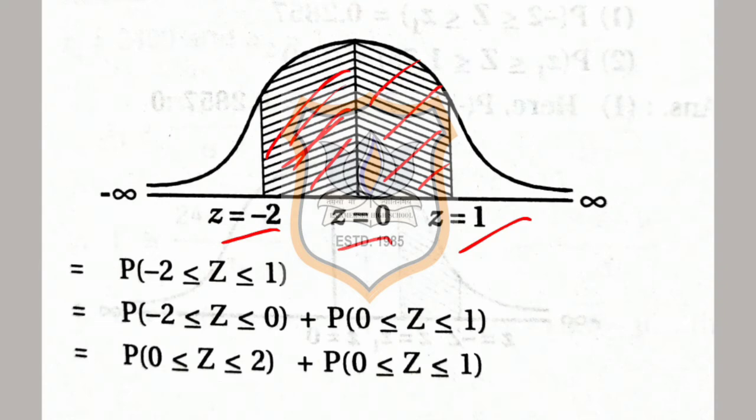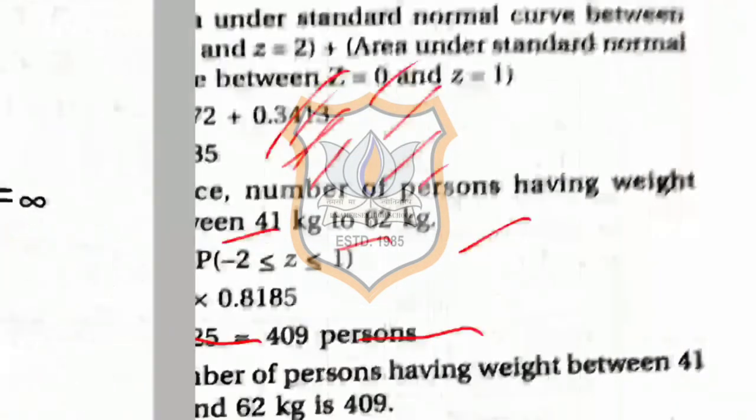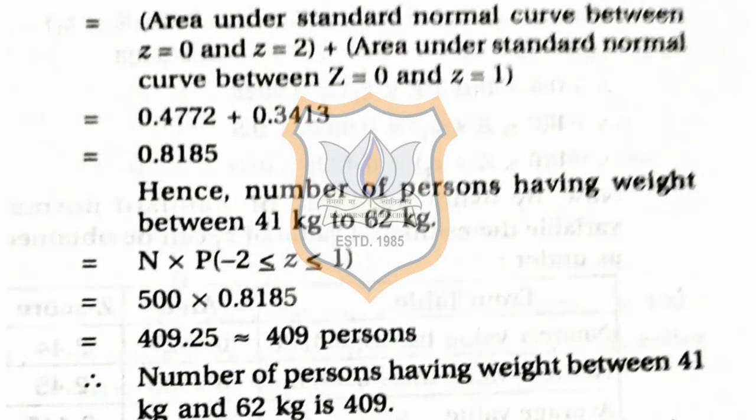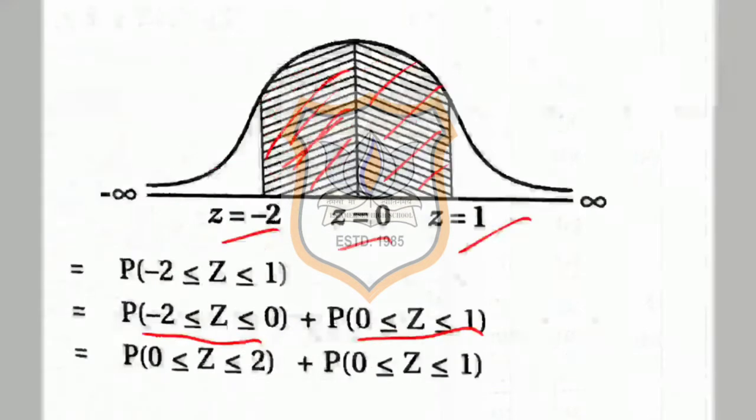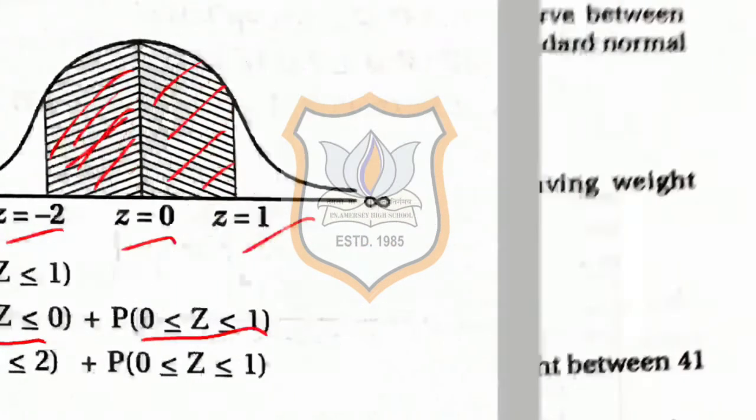Now we will find the area from minus 2 to 0 first, and that will give us the first probability. The second one is the area from Z equal to 0 to 1, and that will give us the second probability. So let's find the values.